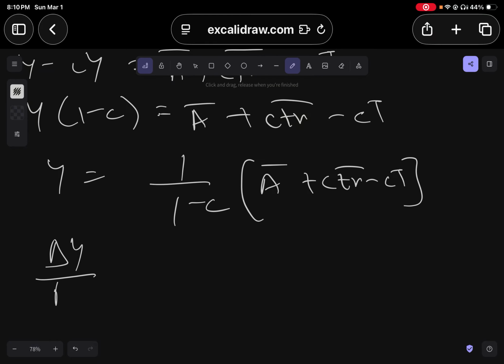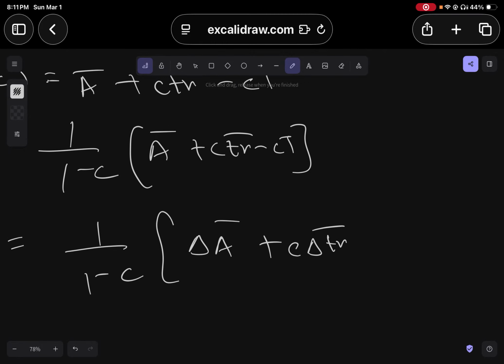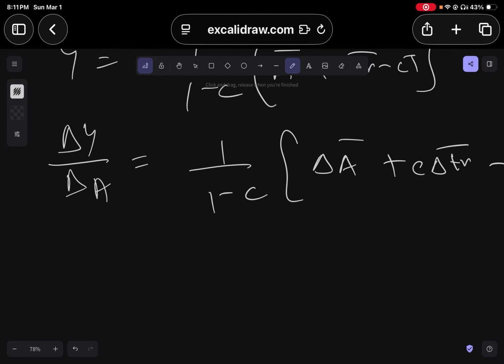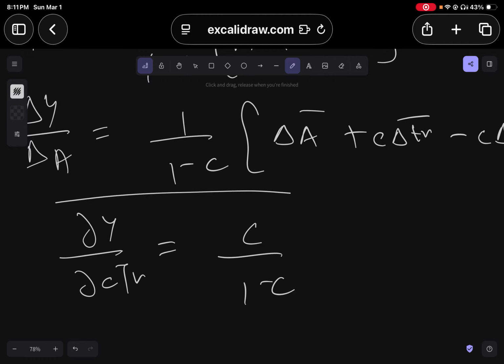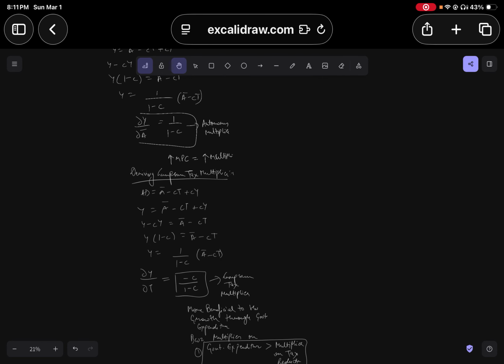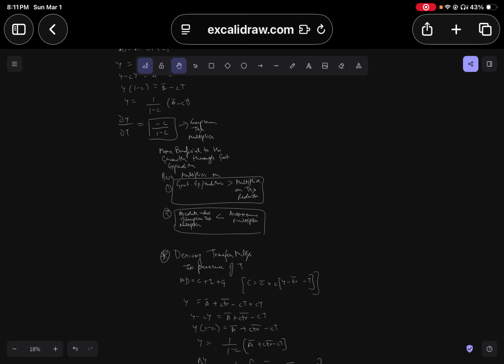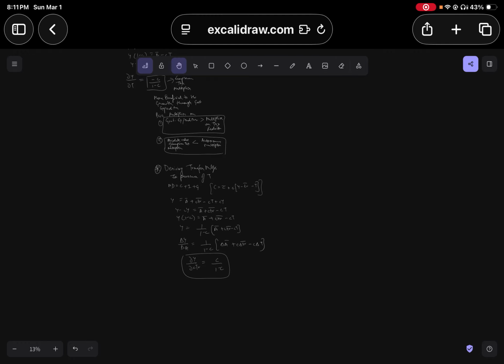Now delta Y upon delta autonomous variable is 1 upon 1 minus C times delta A bar plus C delta TR minus C delta T. Del Y upon del TR is equal to C upon 1 minus C. So autonomous transfers create a multiplier impact by inducing consumption.